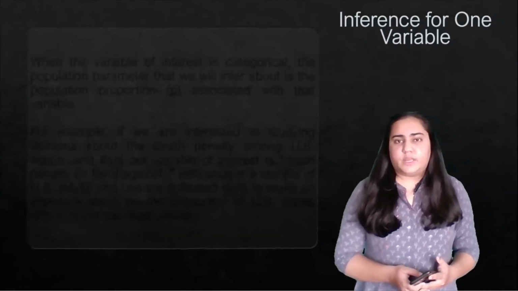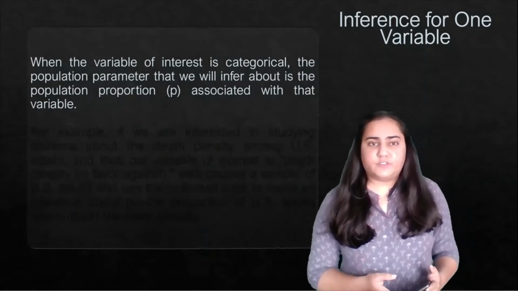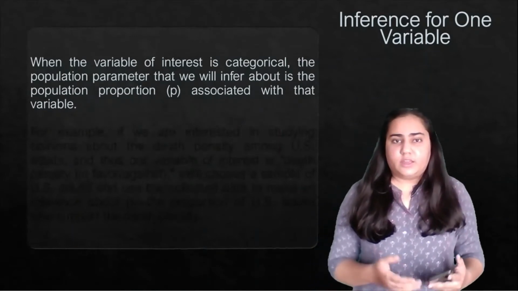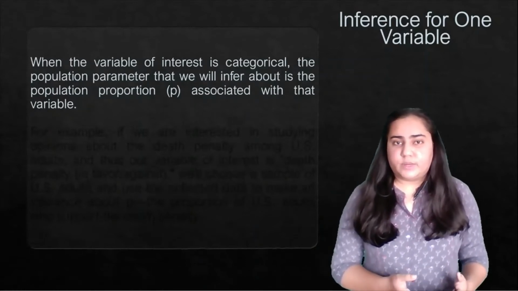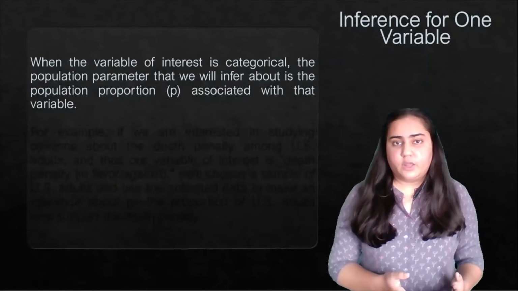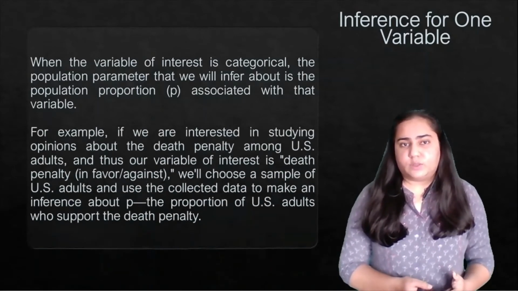Now let's talk about inference for one variable. When we are talking about inference for one variable, if that variable of interest is categorical, then the population parameter that we will infer about is the population proportion P associated with that variable.